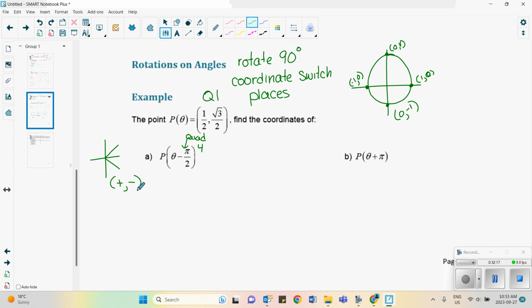So we're not going in a counterclockwise direction, we're going in a clockwise direction. So we know in quadrant 4, our x is positive, our y is negative. So what are the coordinates of this point? Negative... one at a time. It's negative.